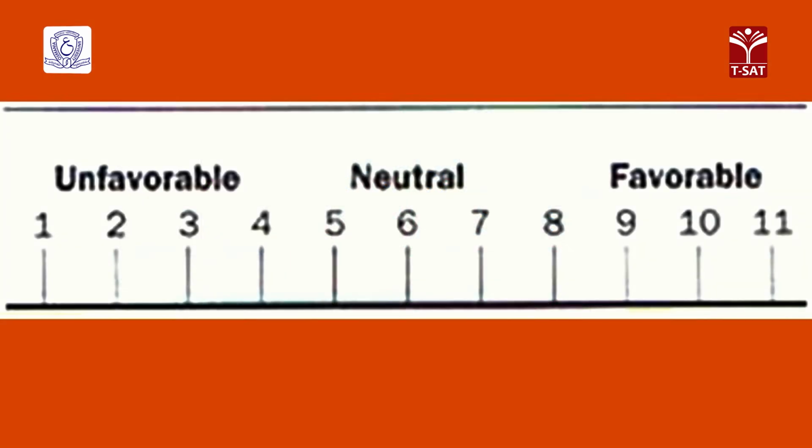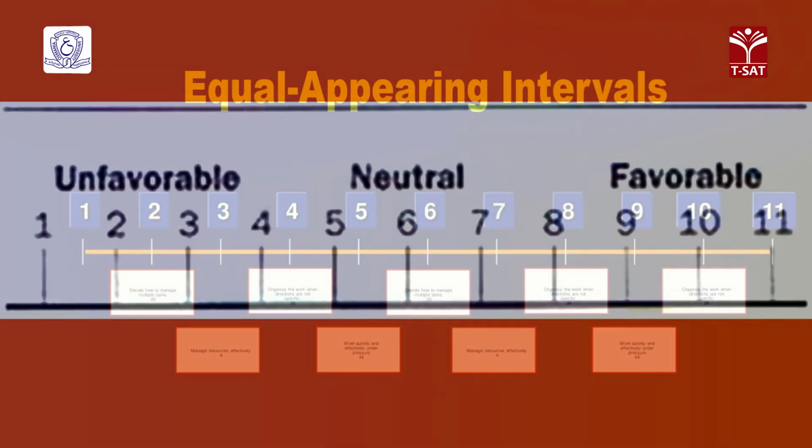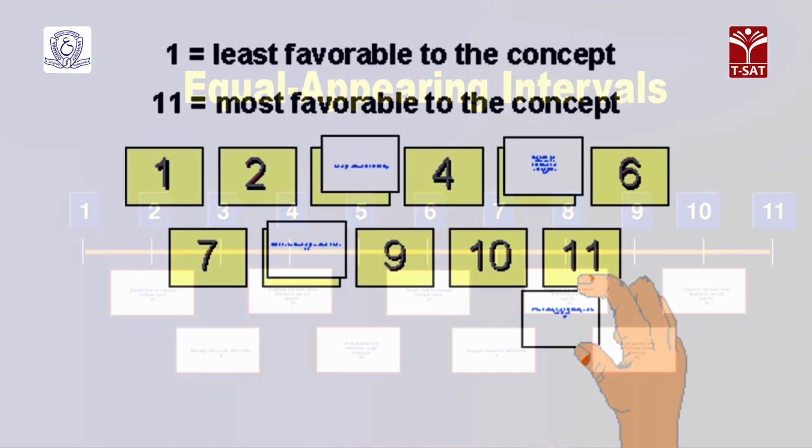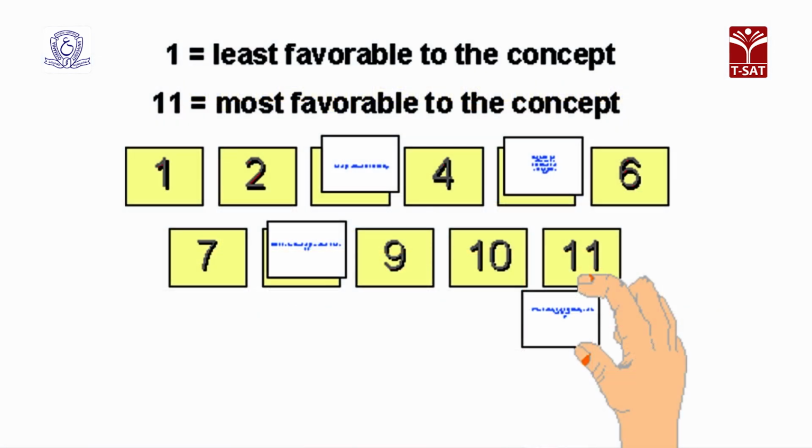The theory underlying this method of equal appearing intervals says that if a person indicates the statements which he accepts and rejects, he can be placed at a definite position on a continuum, which becomes a scale indicative of his attitude. For this, a series of appropriate statements need to be selected to determine his position on the attitude continuum, on which each statement can be represented.